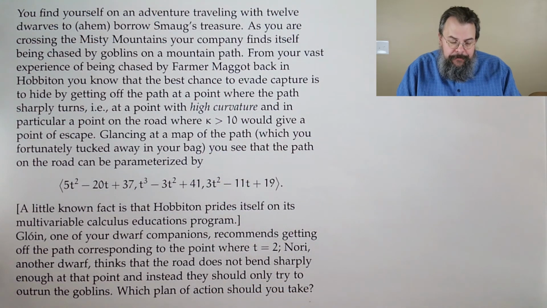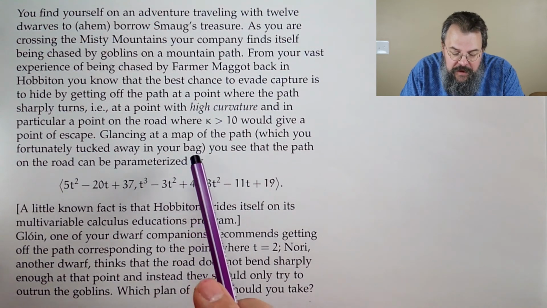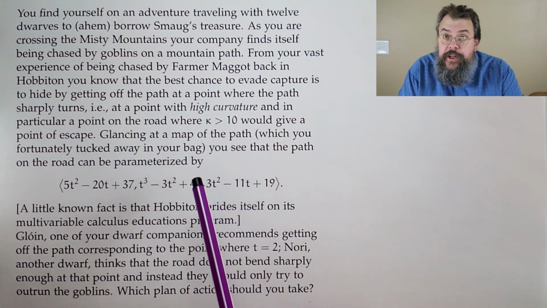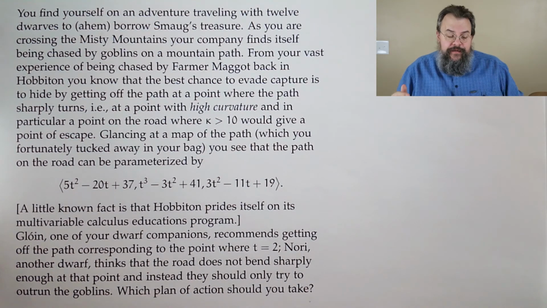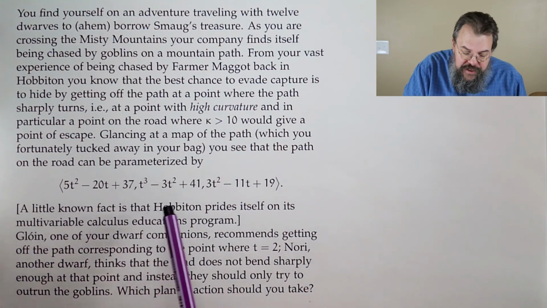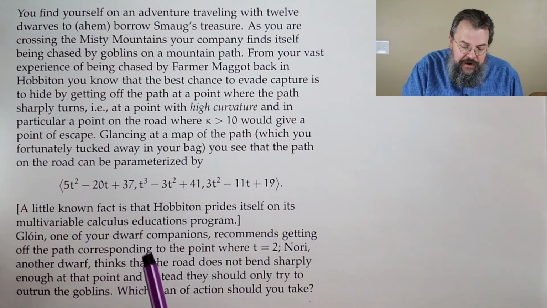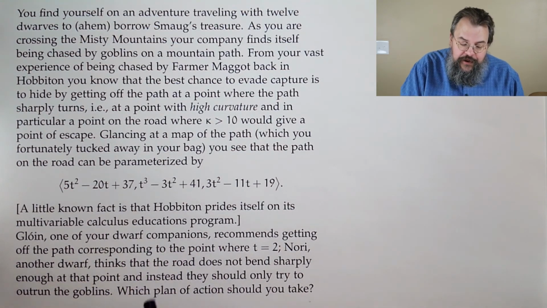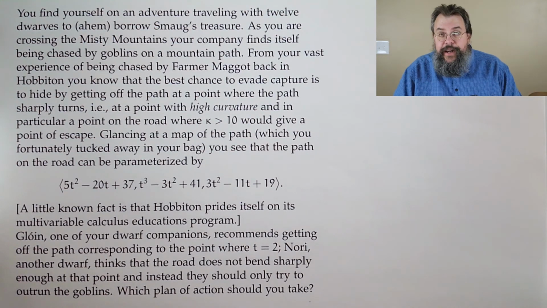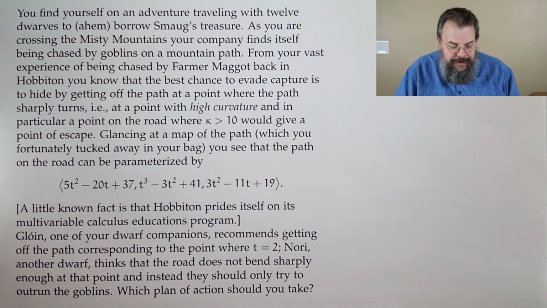Glancing at a map of the path, which you fortunately tucked away in your bag, you see that the path on the road can be parameterized by this expression. Now, a little known fact, Hobbiton prides itself on its multivariable calculus education program. Yep, they're good.